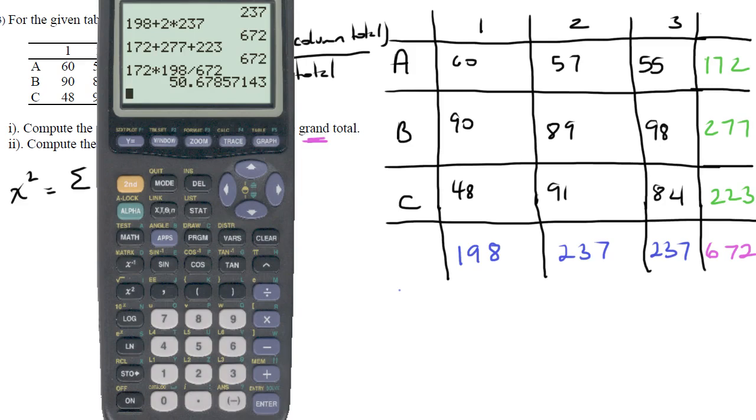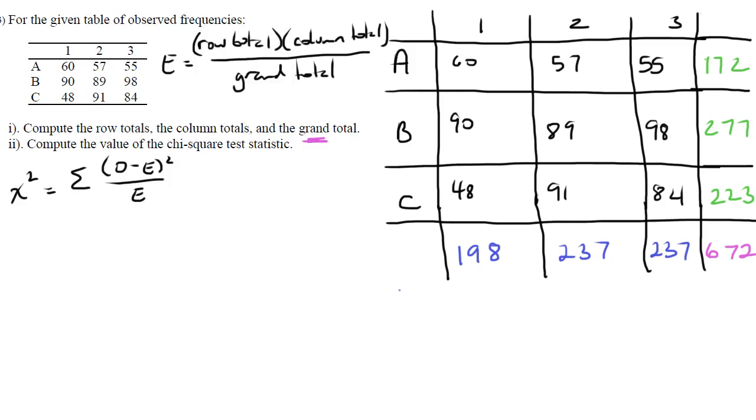How many decimal places do I want to use? Let's use two. Let's use 50.68. This is the expected value. Sometimes you see it written in parentheses if you don't have multiple colors, but since I have the colors, I might as well use them, right?